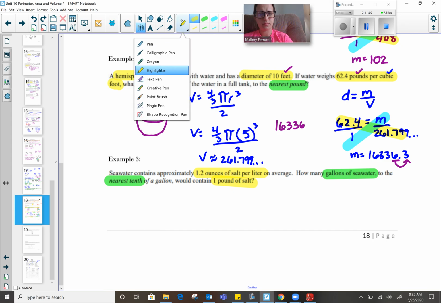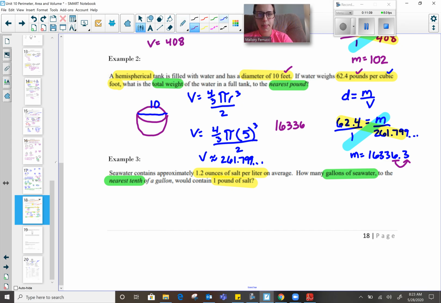Okay, so let's look at this here. This is actually the density, because it's got the per. And even though it's not cubic something, that's still a volume.